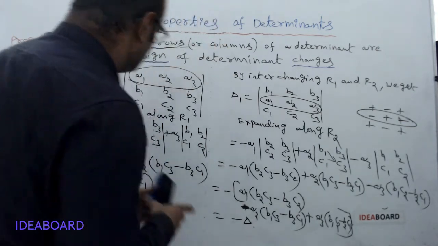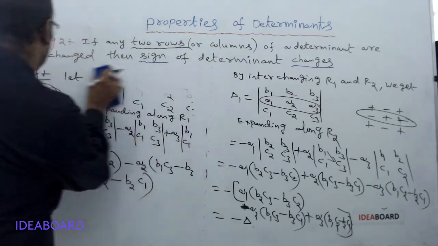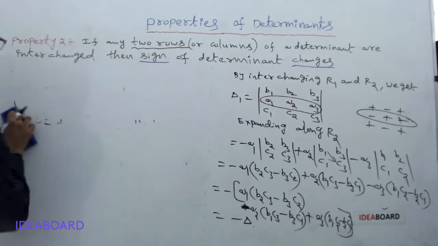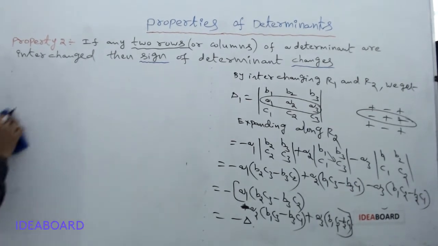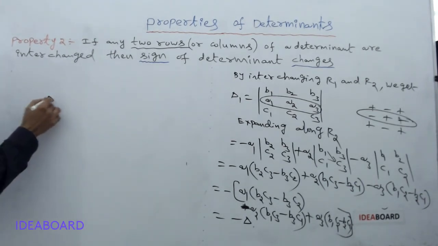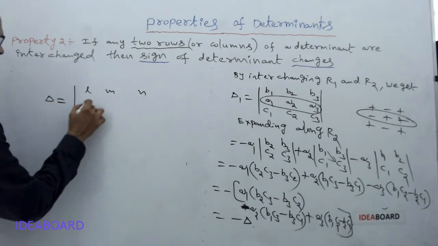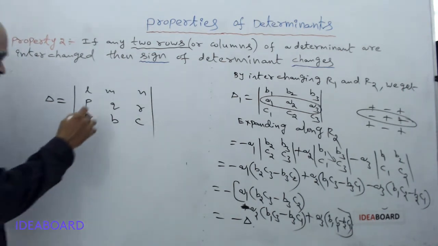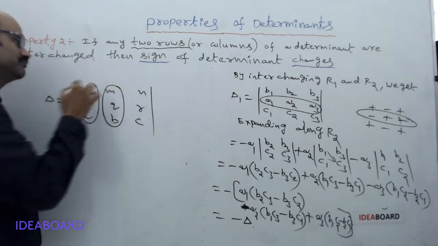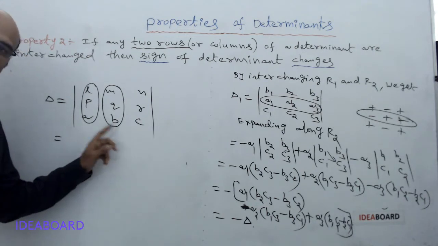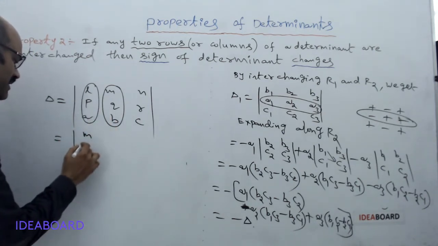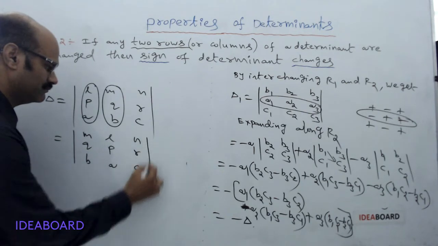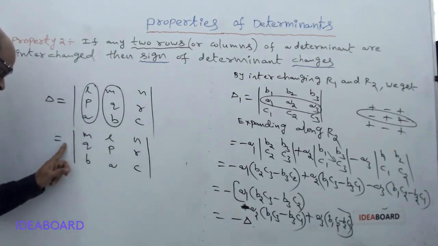For example, take delta equal to the determinant of L, M, N, P, Q, R, A, B, C. If you interchange these two columns, C1 and C2, you get M, Q, B, L, P, A, N, R, C, but we have to write minus before this.